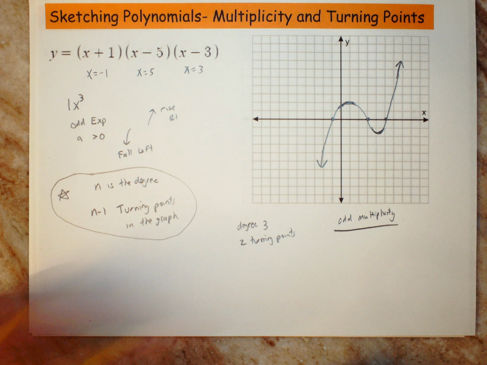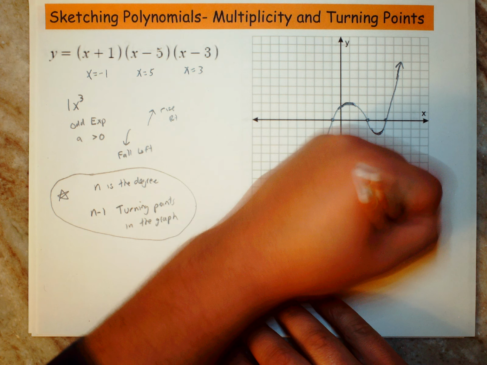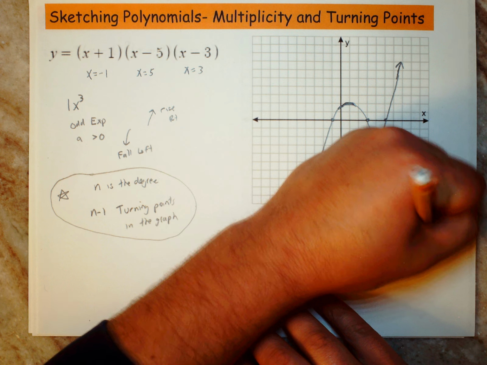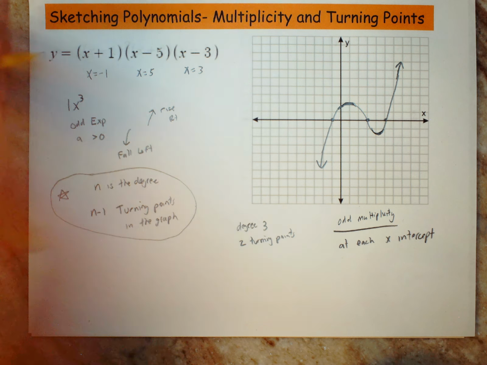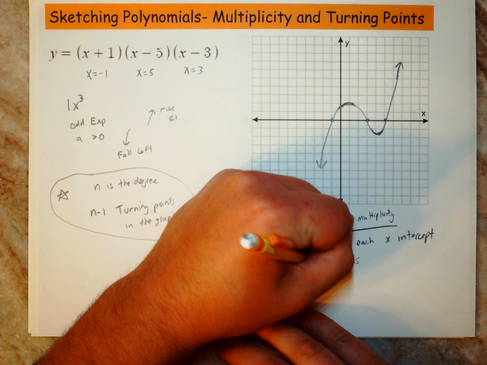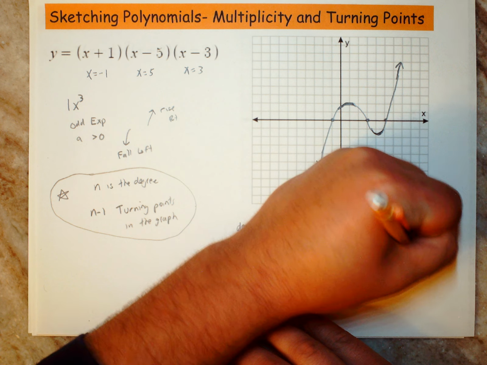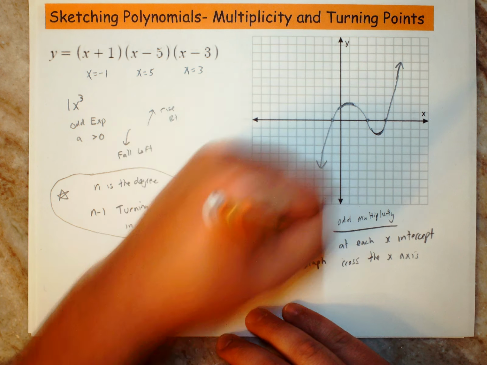So that means at each x-intercept, the graph is going to cross the x-axis.